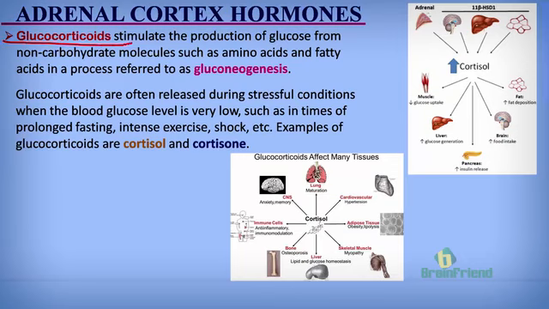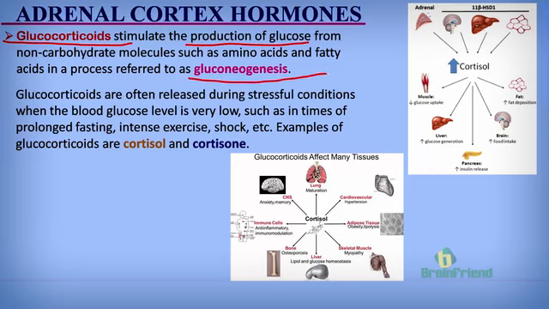Let's take a look at the first group, glucocorticoids. Glucocorticoids are adrenal cortex hormones that stimulate the metabolism of glucose. As the name implies, they produce glucose from non-carbohydrate molecules. That means they promote gluconeogenesis.